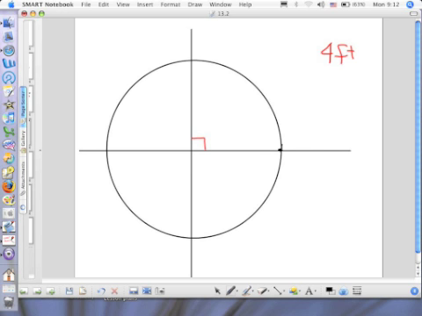So if the entire circumference is 4, then the distance around this portion, or 90 degrees of the circle, is 1/4 of it. So when we are converting from degrees to radians, we are taking 90 of the 360 degrees and multiplying that by basically the circumference of the circle, because we're looking for a portion of the distance around the circle.